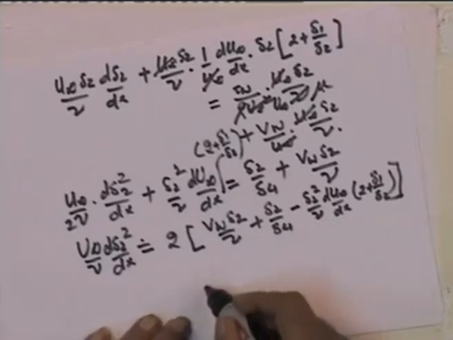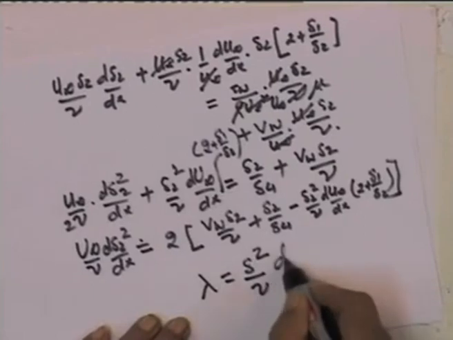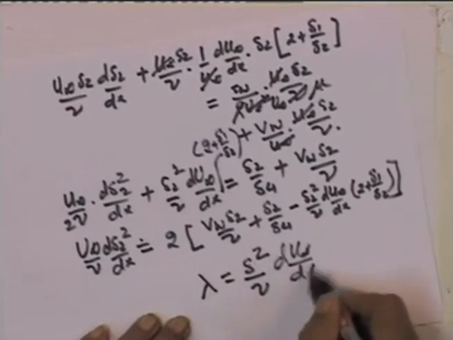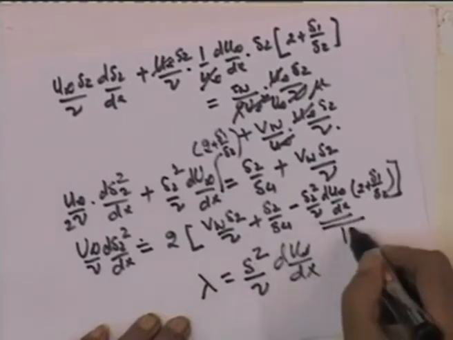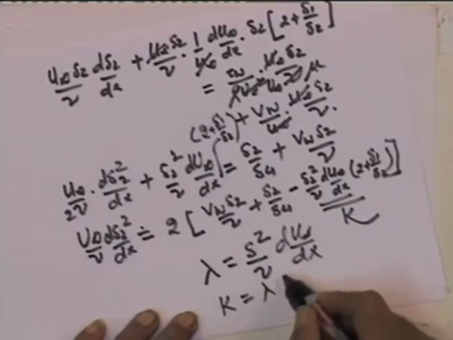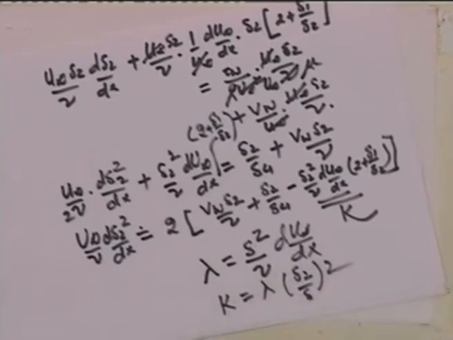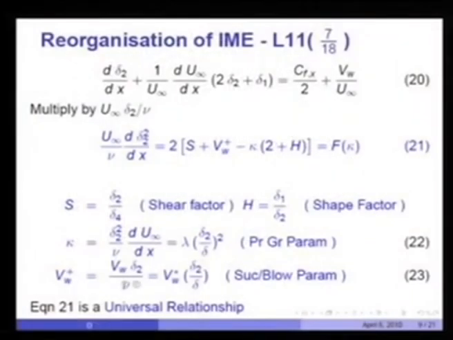Remember, lambda was delta squared by nu du infinity by dx, and therefore this parameter, kappa, will be simply lambda times delta 2 by delta whole squared, and that is a pressure gradient parameter. And V w plus will be v w delta 2 by nu, equal to v w star delta 2 by delta, because v w star was simply v w delta by nu.